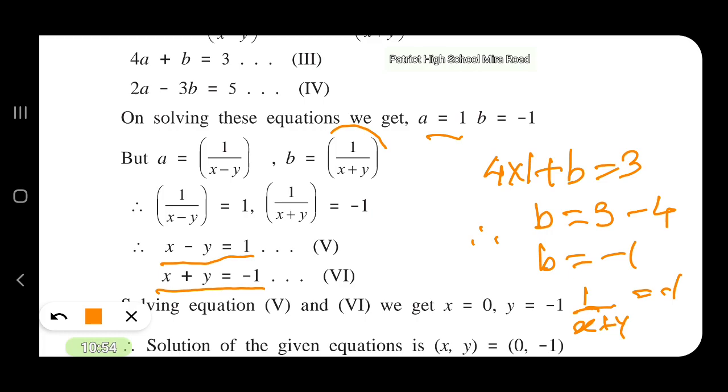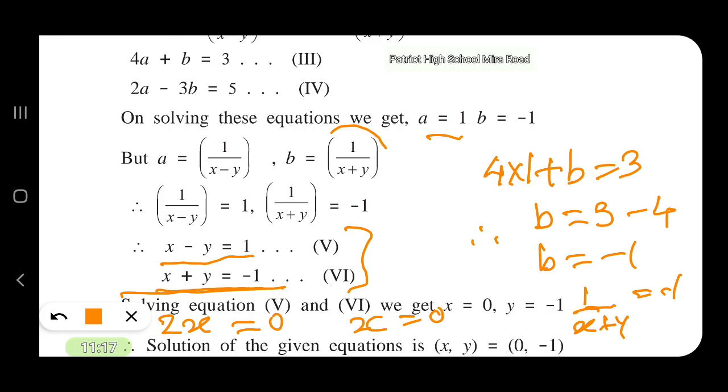Adding the two equations as they are, what we will get? We will get 2x plus 0 is equal to 0. 2x is equal to 0, therefore x is equal to 0.